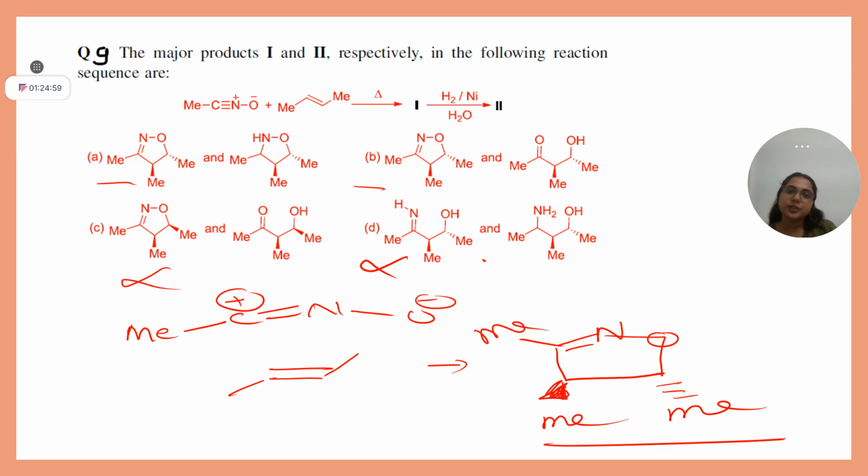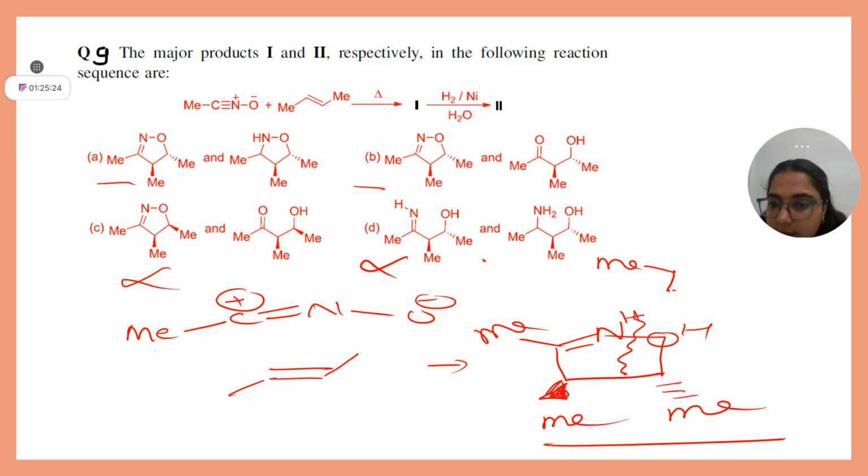Now tell me the role of H2 in presence of nickel. It is a reduction reaction, I think so. Actually, it is catalytic hydrogenation, right? H2 nickel helps in N-O bond cleavage. It just gives H, H on both sides, right? So first what you will get?